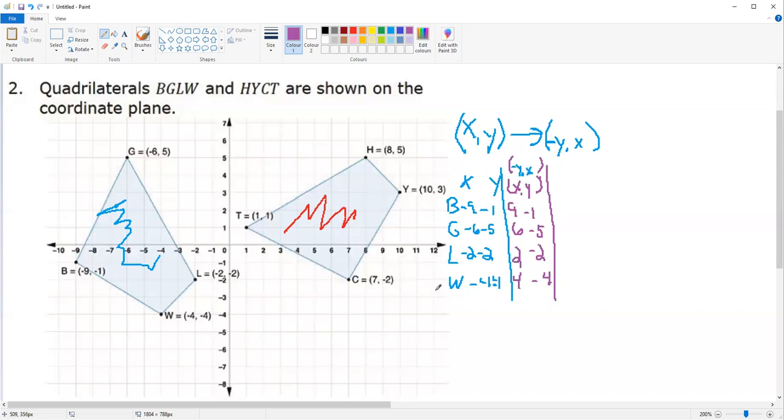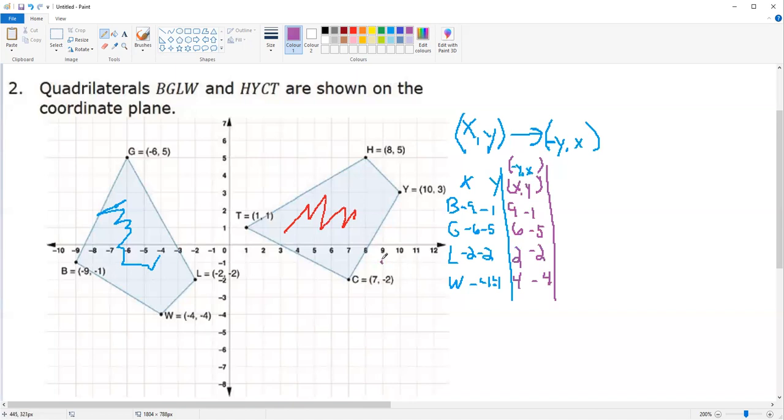So let's see now. I have to plot this because I don't know which one's supposed to go to which one. -1, -1.